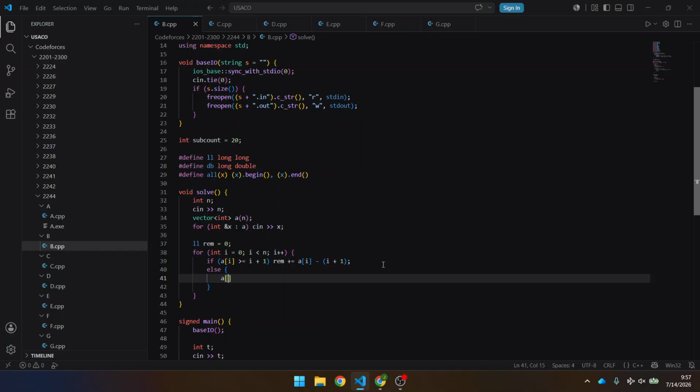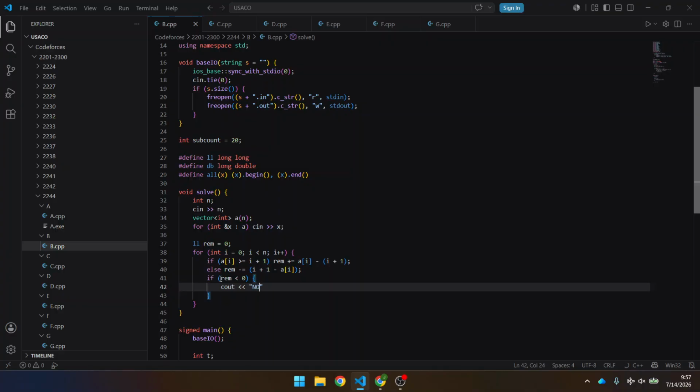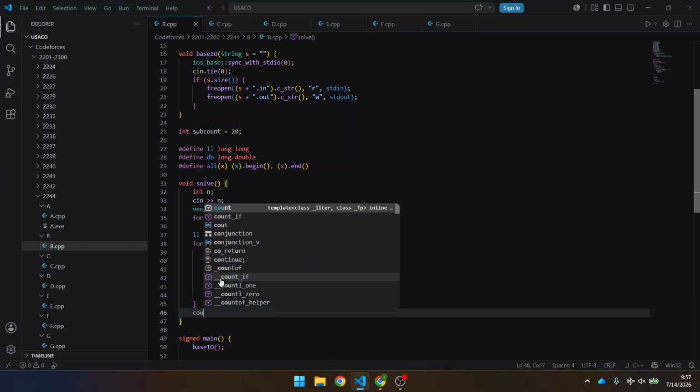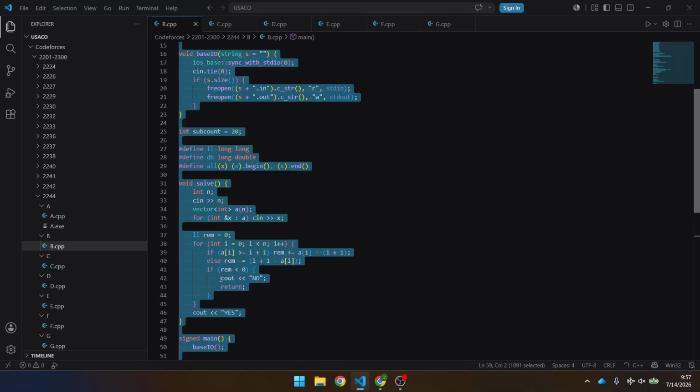Otherwise, ramp minus equal to i plus 1 minus a[i]. If ramp is less than 0, we can just print no and return. Otherwise, the answer will be yes.